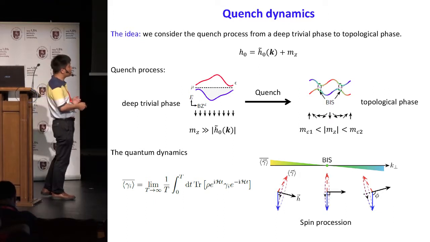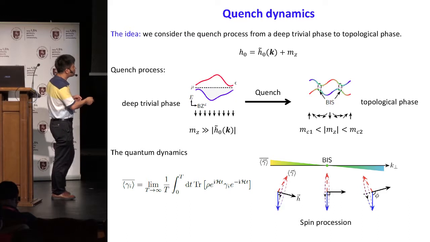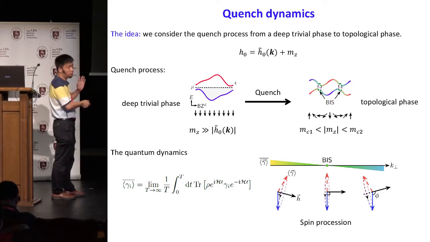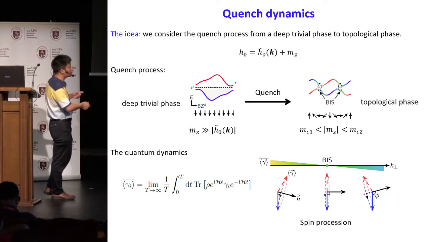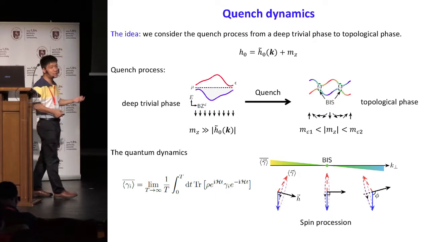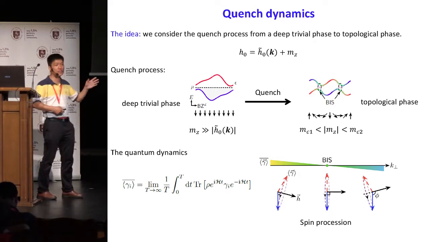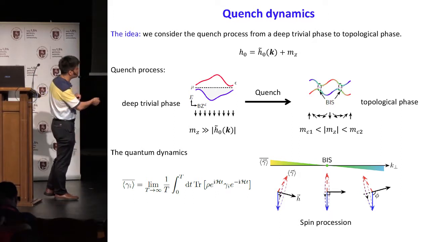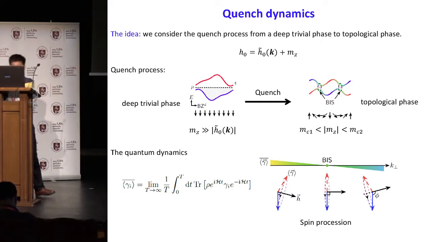And the key thing is that the spin dynamics will be very different on the band inversion surface compared with the spin dynamics outside the band inversion surface. Only on the band inversion surface, the spin polarization will be fully perpendicular to this H vector. So in this case, you can expect that the average spin polarization will be 0 over time. But outside this band inversion surface, the spin polarization will be non-zero over time. So this will be different.